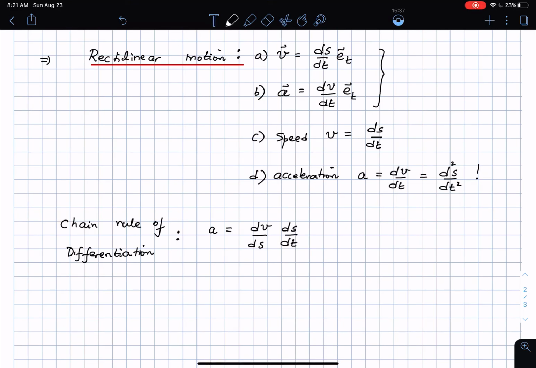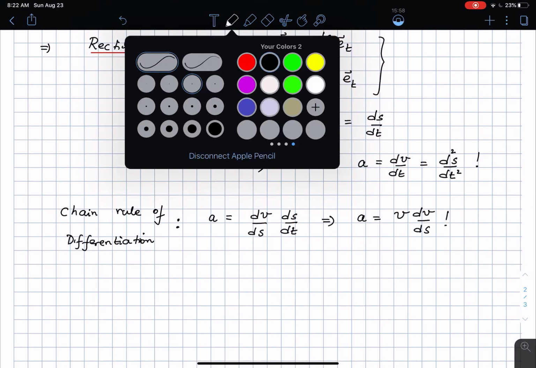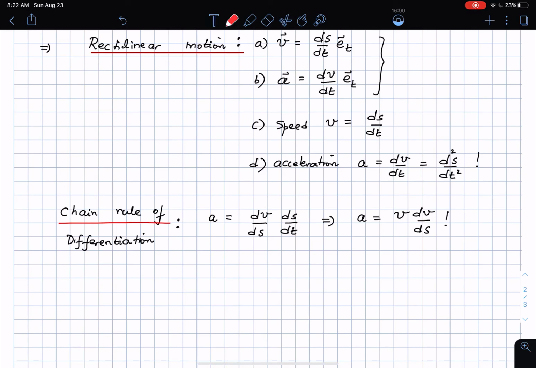This is fair game, because if you think of these as ratios, then I can cancel off the ds and the ds, and this is the same as dv by dt. But you know what? ds by dt is v, which tells me that a is v dv by ds. And this is an important thing that we will keep doing again and again, the chain rule of differentiation.